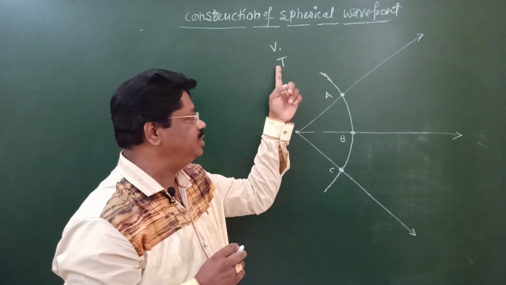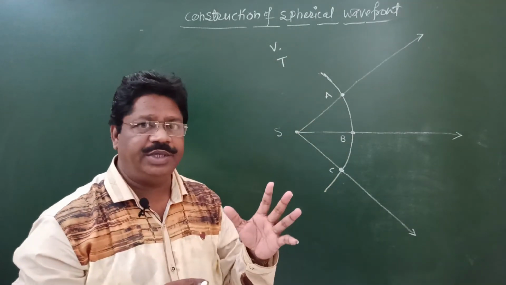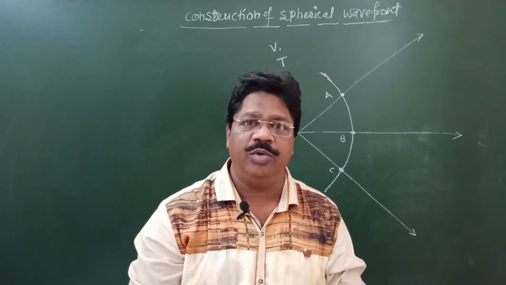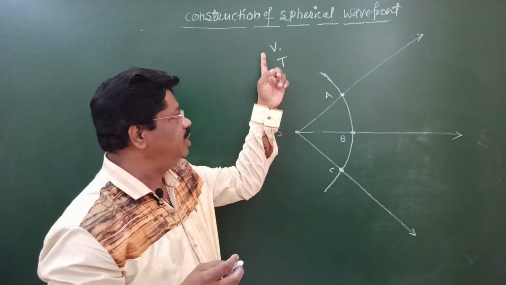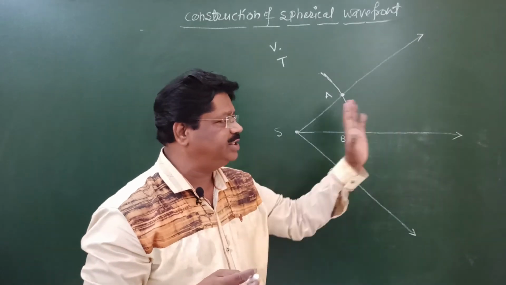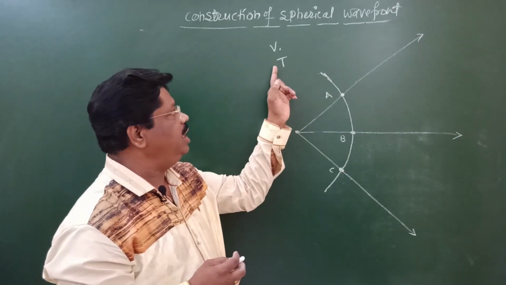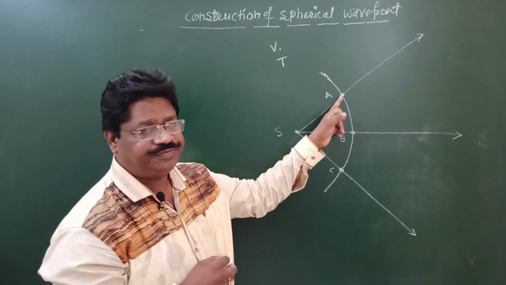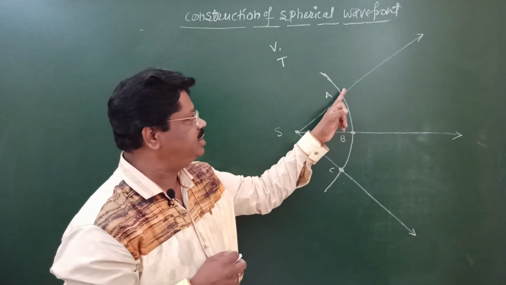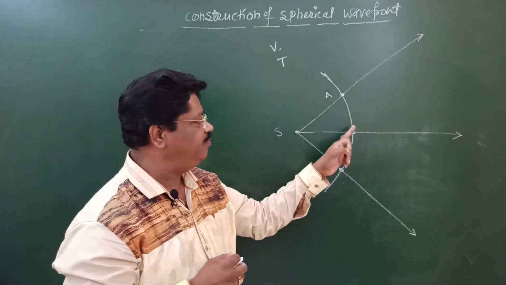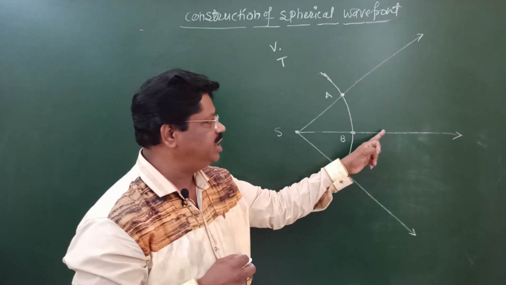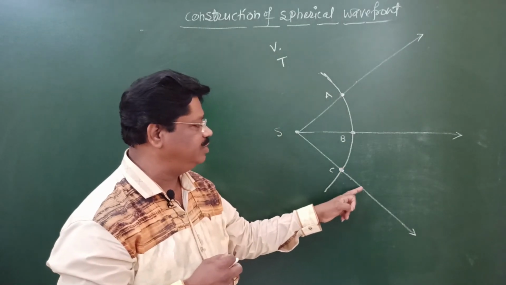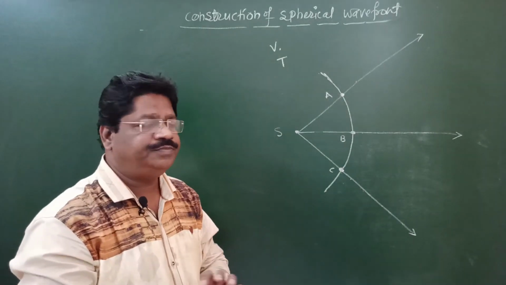If V is the velocity of this light, because light waves have the same velocity in all possible directions, that is uniform velocity, V is the velocity of all these waves traveling in this direction. In time t, the wavelets or the secondary waves cover a distance V into t in this direction, and in this direction also the waves cover a distance V into t.